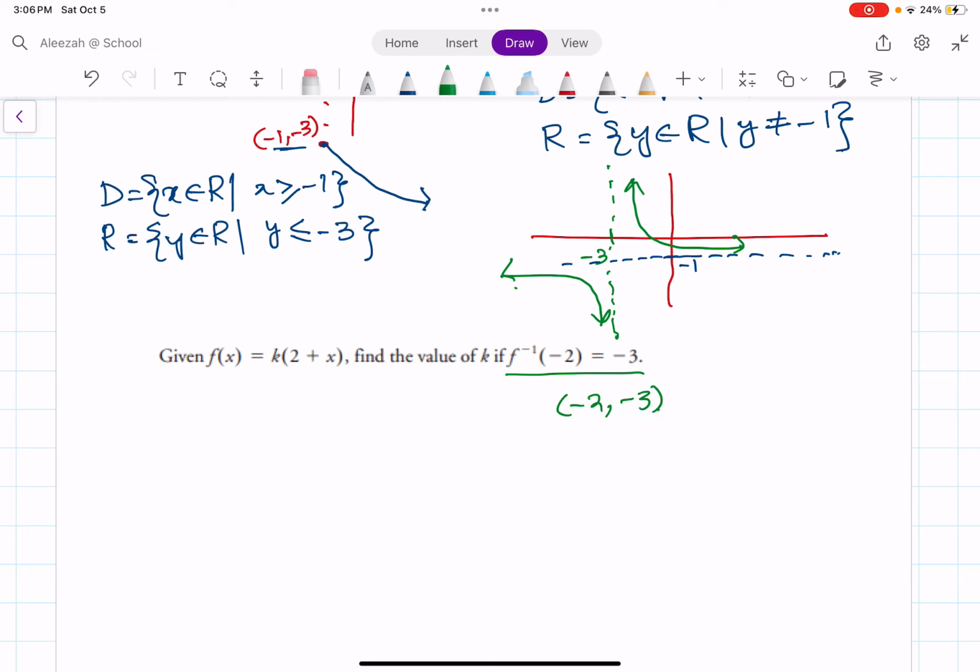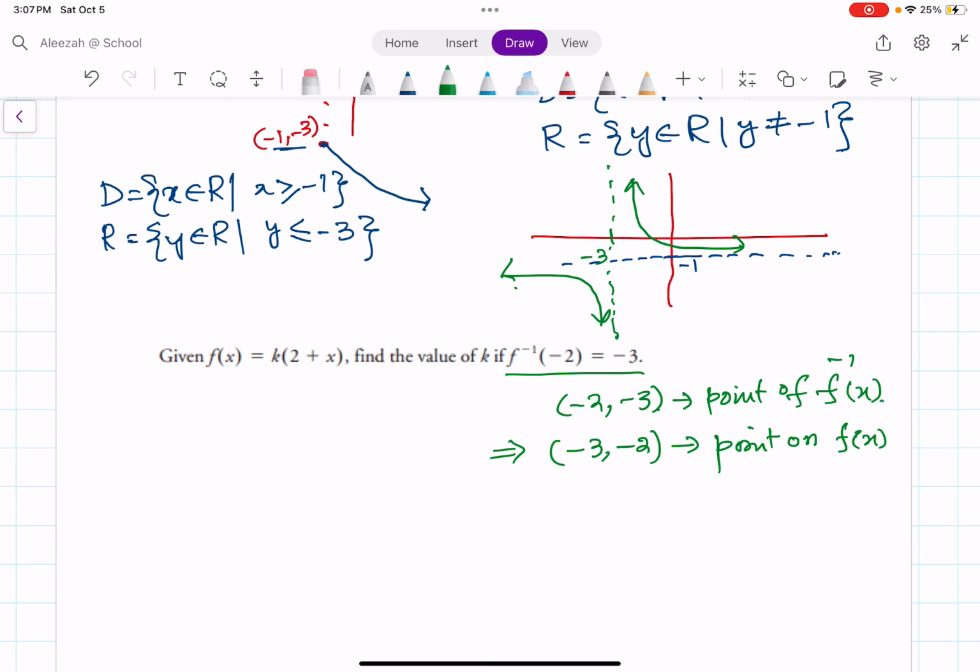So this is a point on f inverse. From this point, you can figure out the corresponding point on the function. So -3 and -2 is a point on f of x.